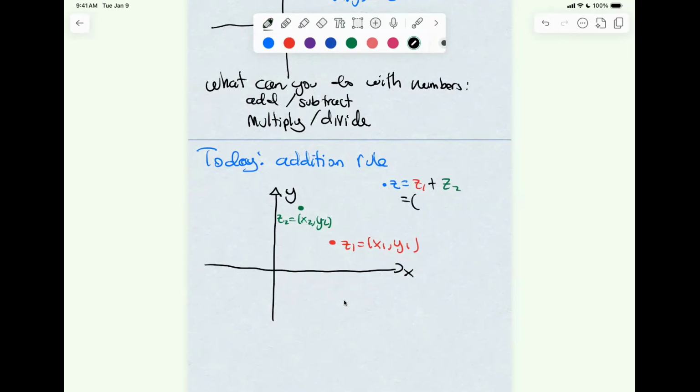So the sum is done entry-wise. You add the corresponding entries, corresponding coordinates.